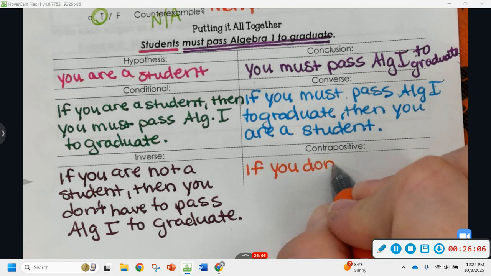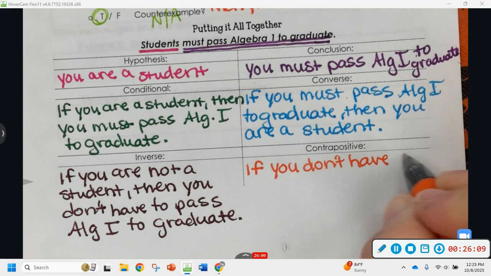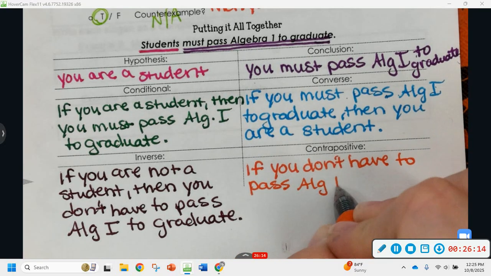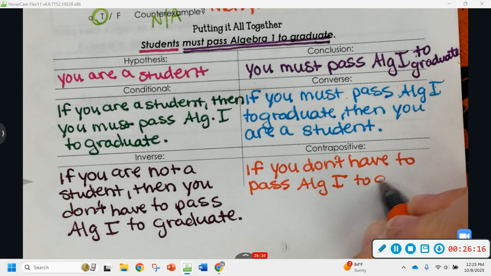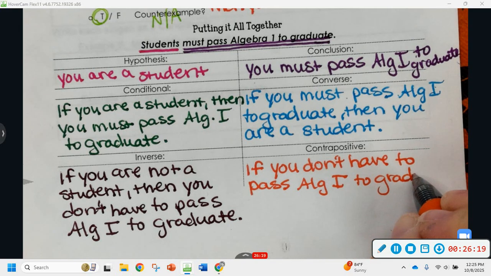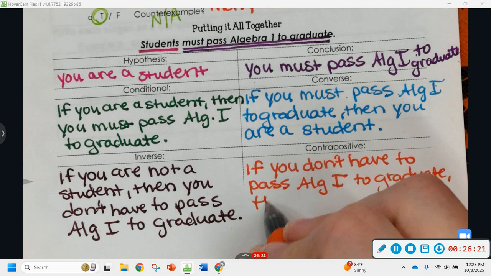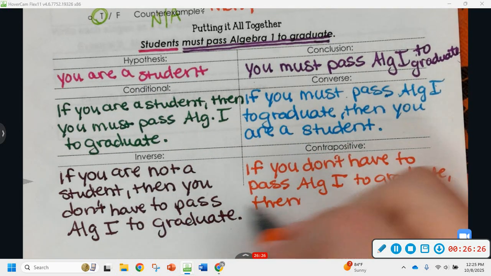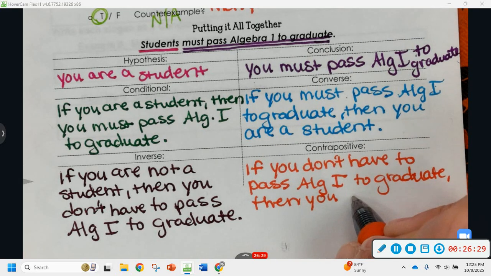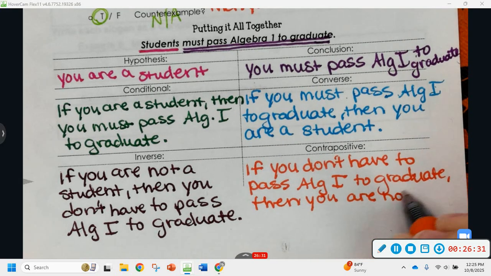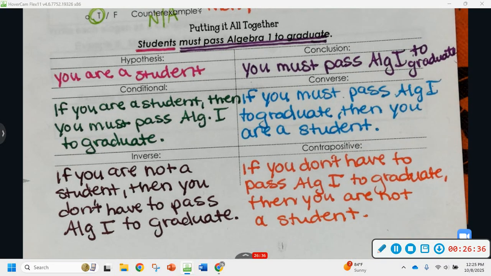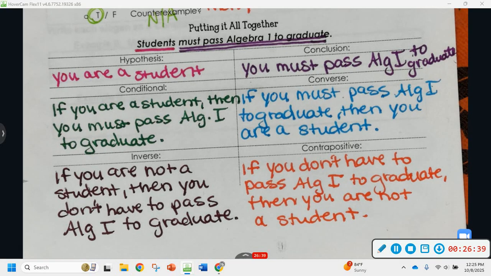If you don't have to pass Algebra 1 to graduate, then we take the inverse of that, then you are not a student. So all of these are going to help you with that first part of your assignment.